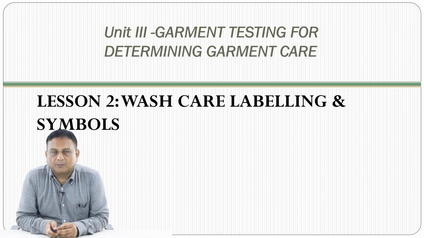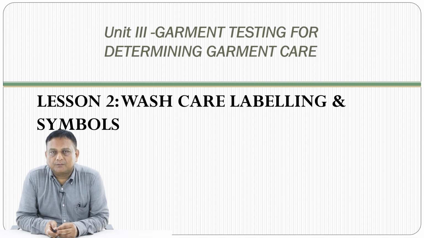And as we have already mentioned, care labeling is very important, because based on it the consumer will wash or refurbish their product either in the aqueous media, that is in drying, bleaching and ironing.